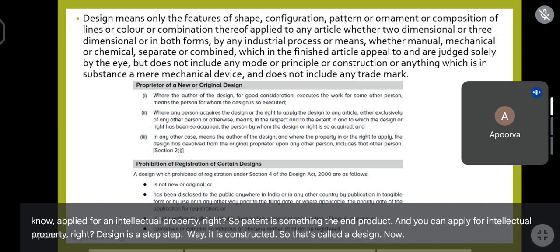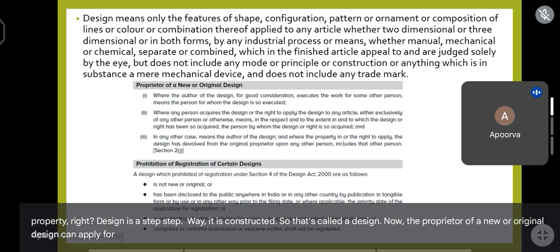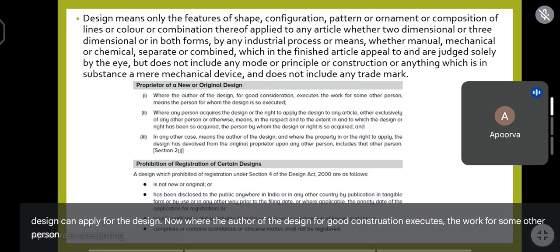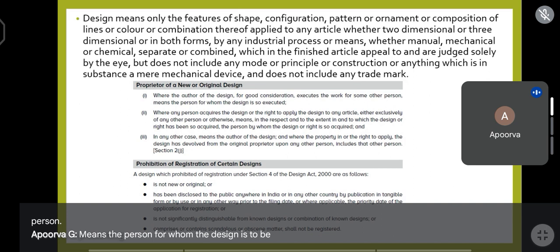Now the proprietor of a new or original design can apply for the design. Where the author of the design, for good consideration, executes the work for some other person, means the person for whom the design is to be executed.